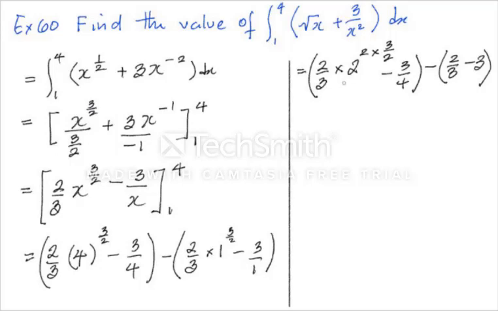Alright, so now I have 2 over 3. And here this cancels that. So now I have 2 to the 3, which is 8, minus 3 over 4. And this is minus, let's say, 2 over 3 minus 3 over 1.